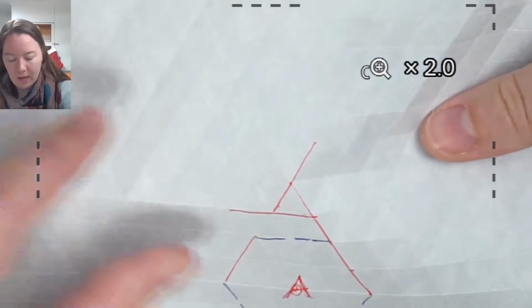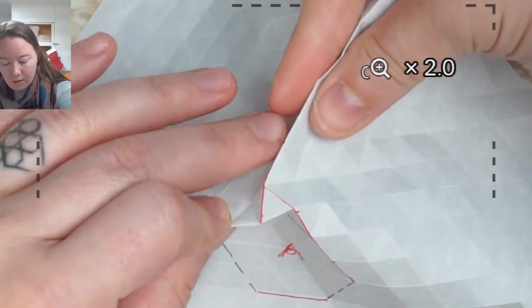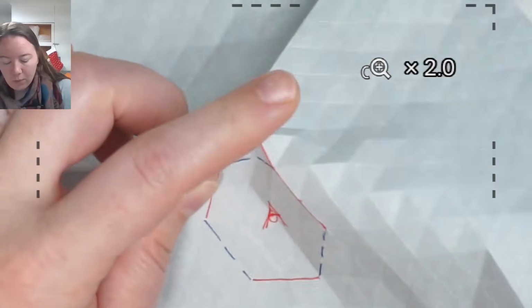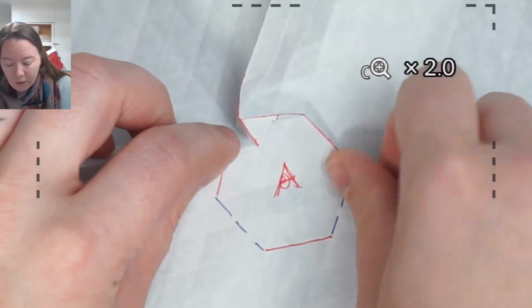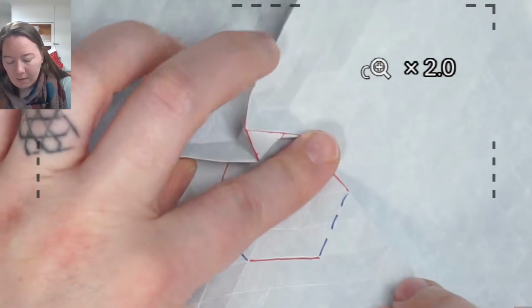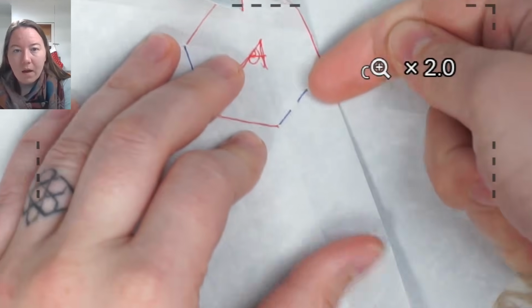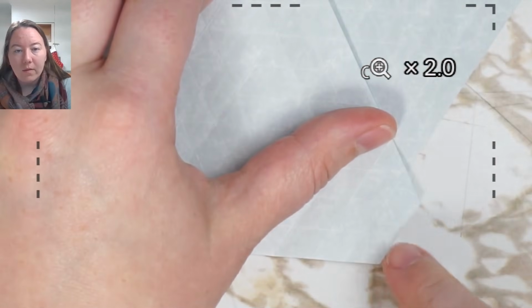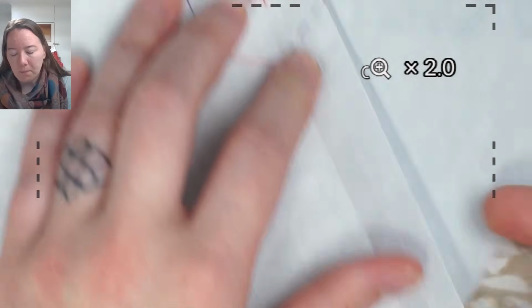So we're going to go ahead and pick up these folds. What you want to look for if you are folding this without drawing on the paper is a mountain fold here that's coming and hitting 2 spaces away from the corner of the paper with the valley on the far side.